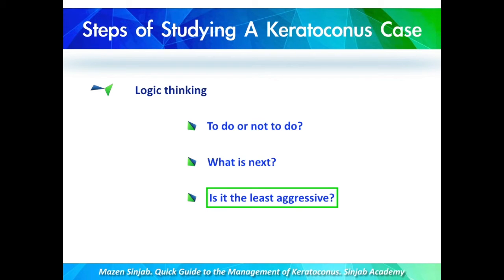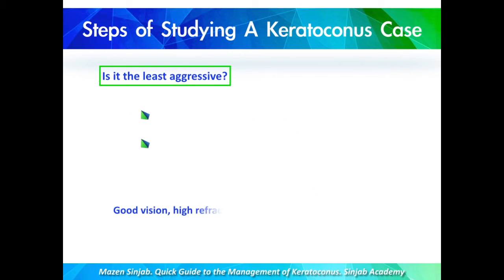Now I'll move to the third question, which is: is it the least aggressive? To answer this question properly, I will give 7 examples. Let us suppose that there is a patient with good vision, high refraction, progressive disease, and he is tolerant to contact lenses. And depending on the other parameters, we find that there are 2 options.